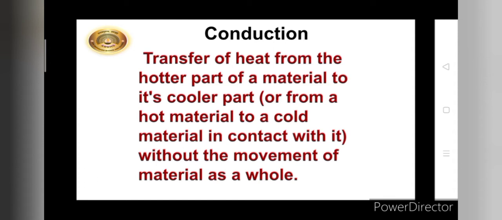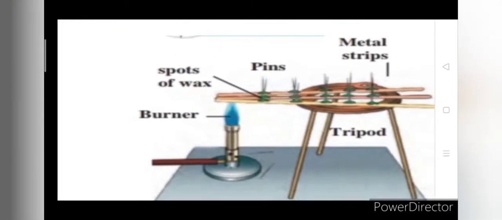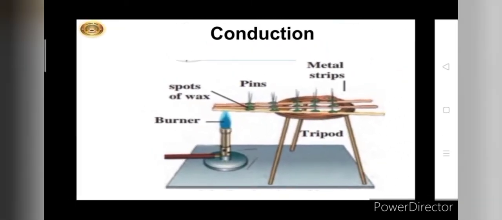We can see it practically by conducting an experiment. Take a flat aluminium rod and fix some iron nails on it with the help of wax. This rod is clamped to a stand as shown in this figure. Heat the free end of the aluminium rod by keeping a burner below it.